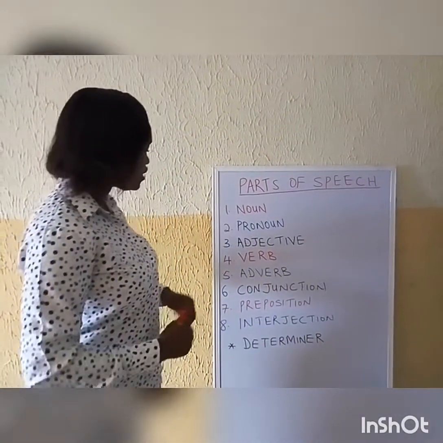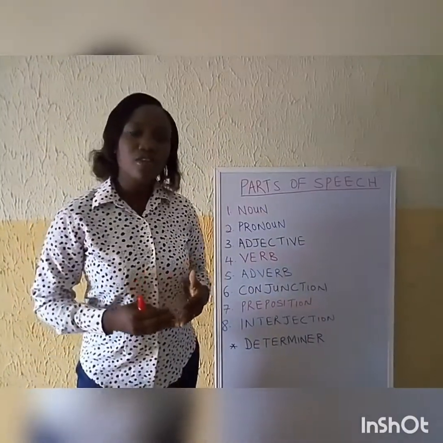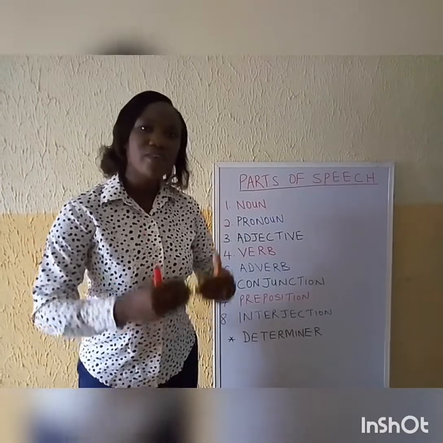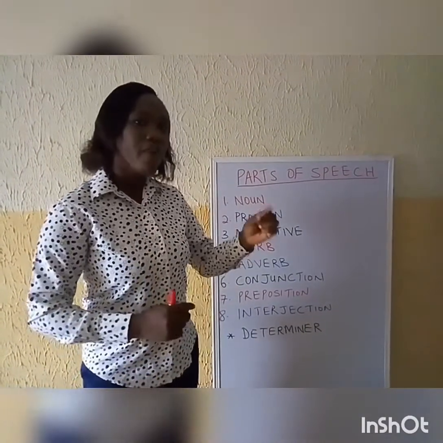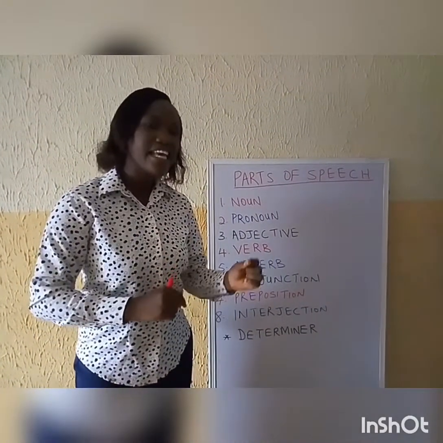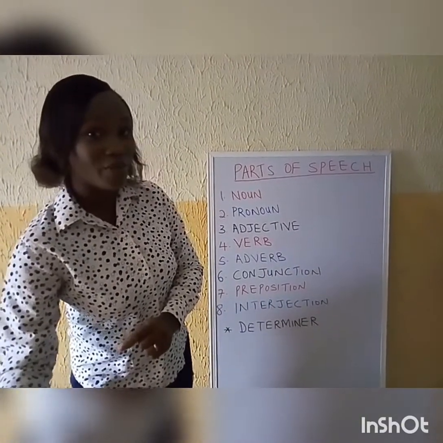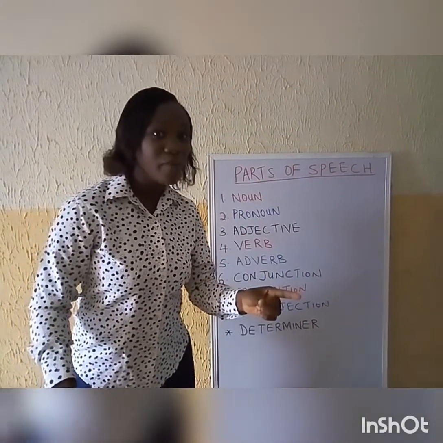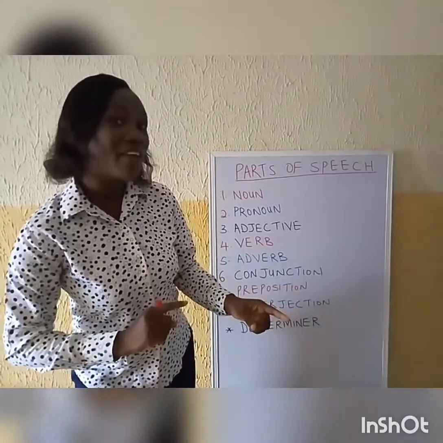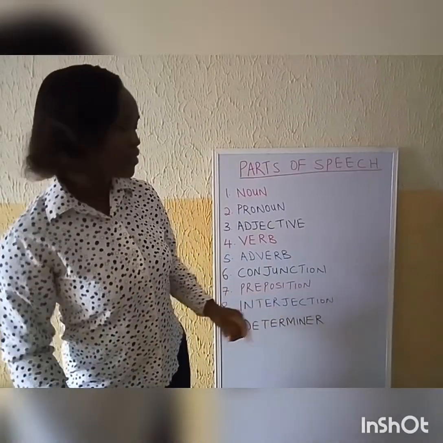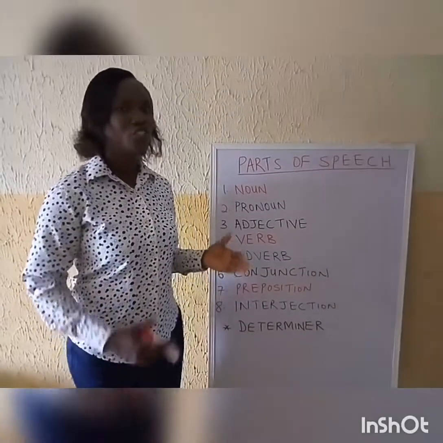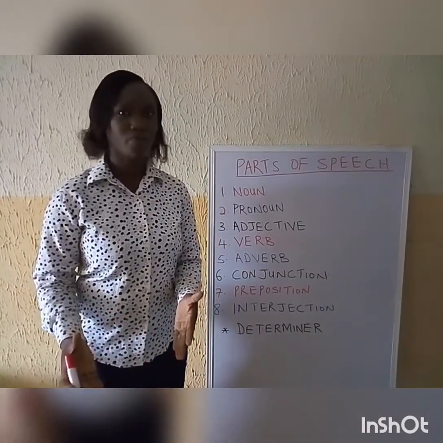Now, we can say she looks very well. Very in this sentence is modifying well, which is an adverb. Very is an adverb, it's modifying another adverb, well. Third example, she is beautiful.